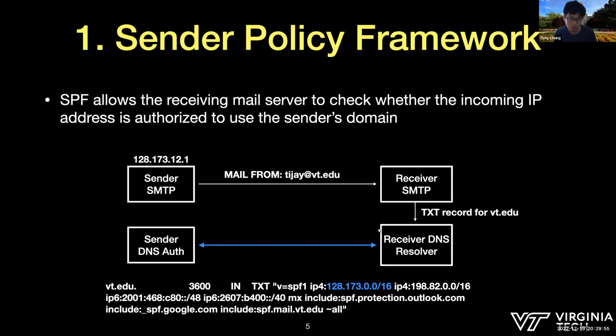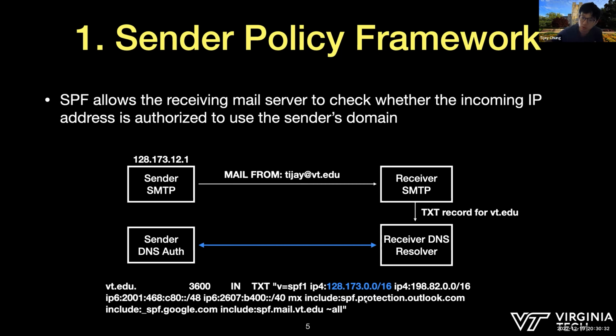Okay, you might be wondering why there is an include here. Let's say the Virginia Tech mail server uses other hosting providers such as Outlook, Microsoft, or Google. In that case, Virginia Tech uses third-party email hosting providers to send and receive emails, which means they are authorized to send email on behalf of the original Virginia Tech edu server.